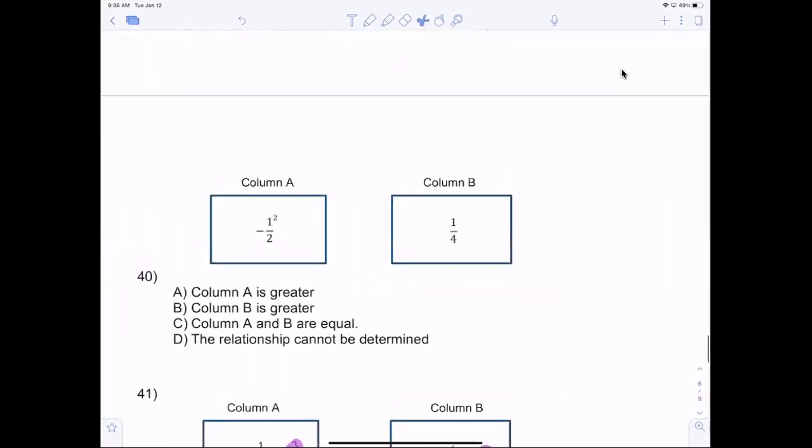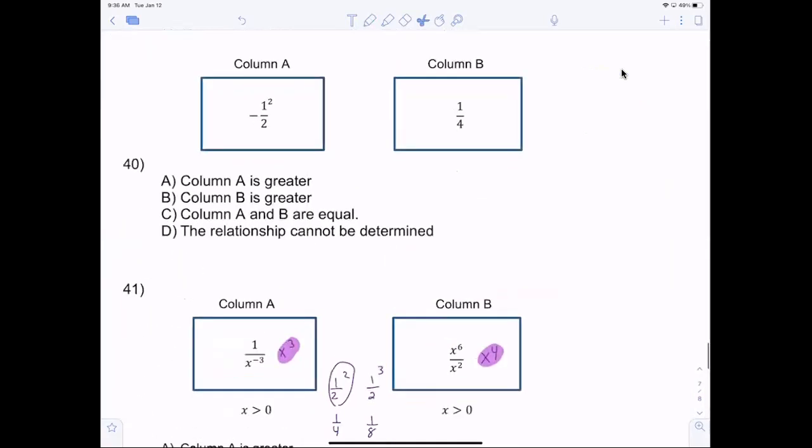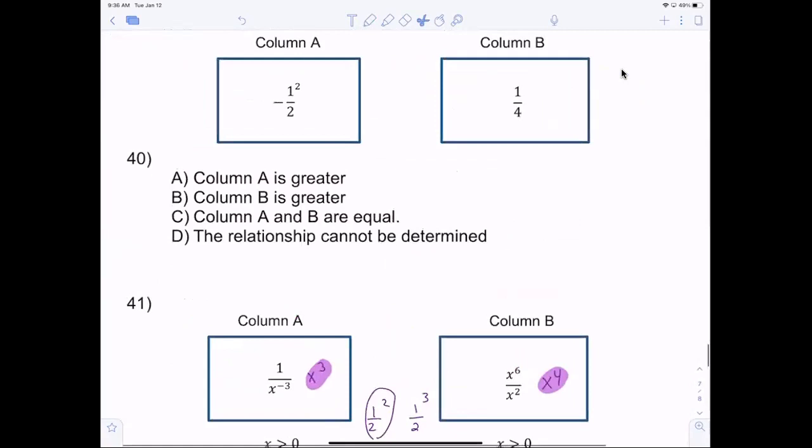All right, here we go. 40. Brilliant problem, if I do say so myself. Austin, what's the correct answer here?